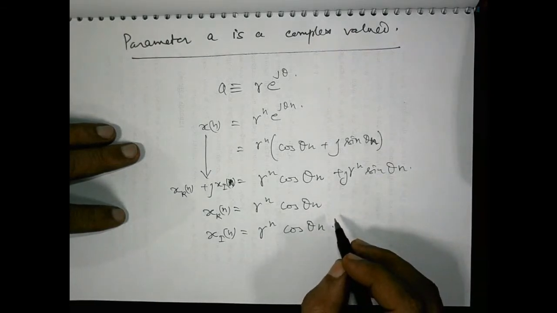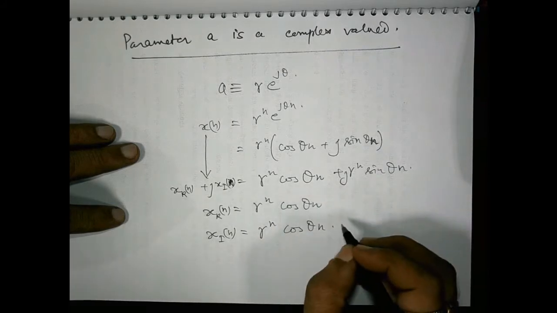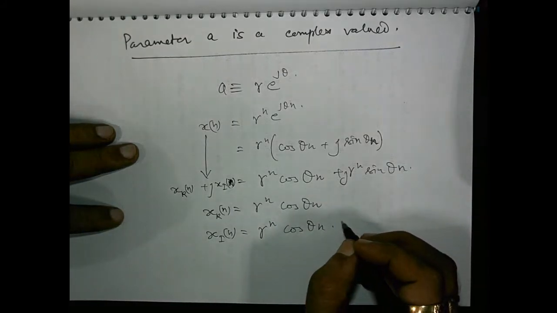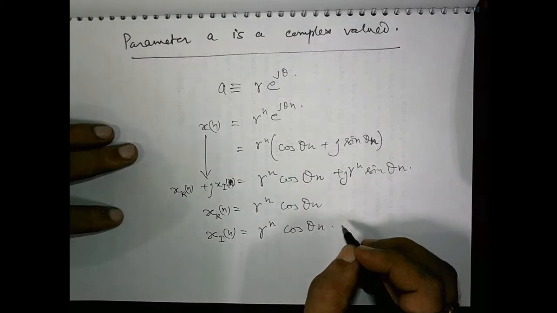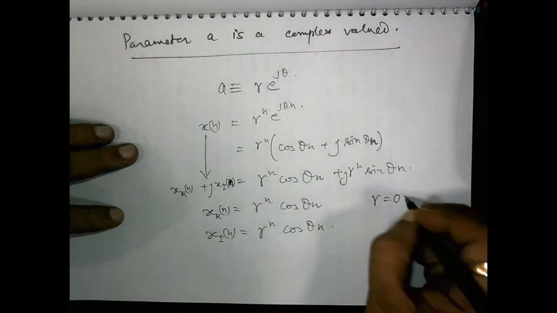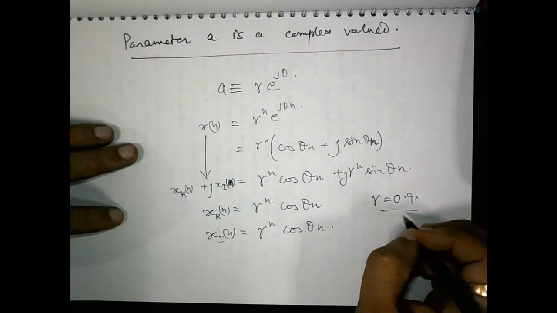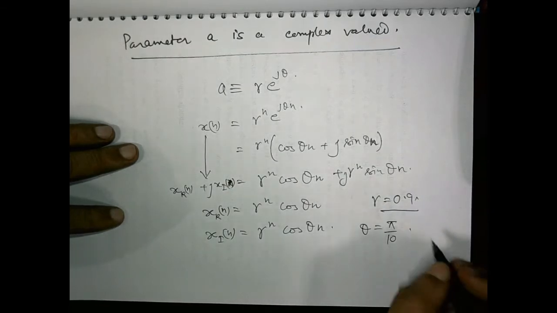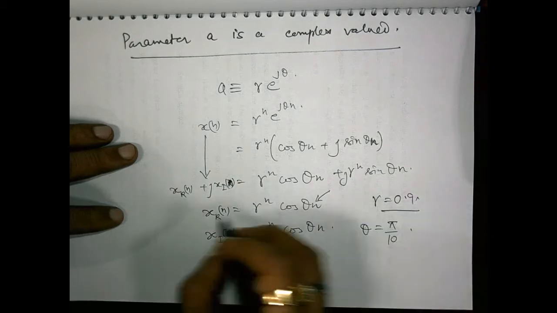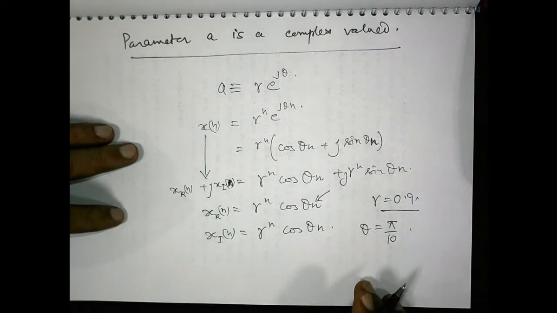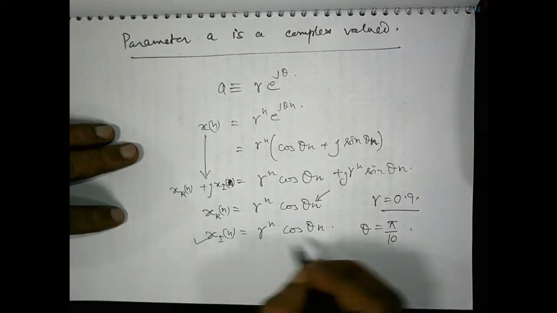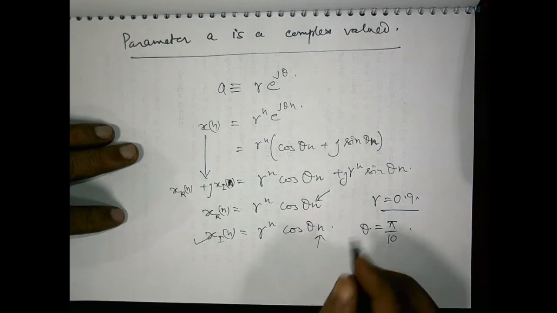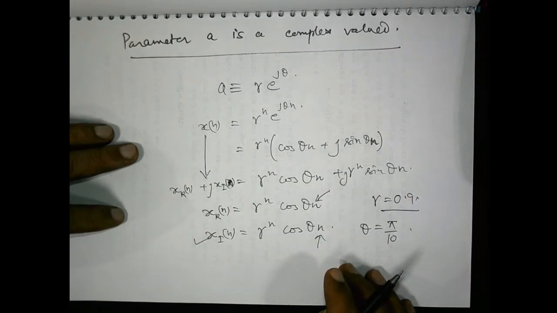If R takes a value less than 1, suppose R equals 0.9, and theta equal to pi by 10, we can draw this signal for different values of n, and the imaginary part also in the same way by putting different values of n.